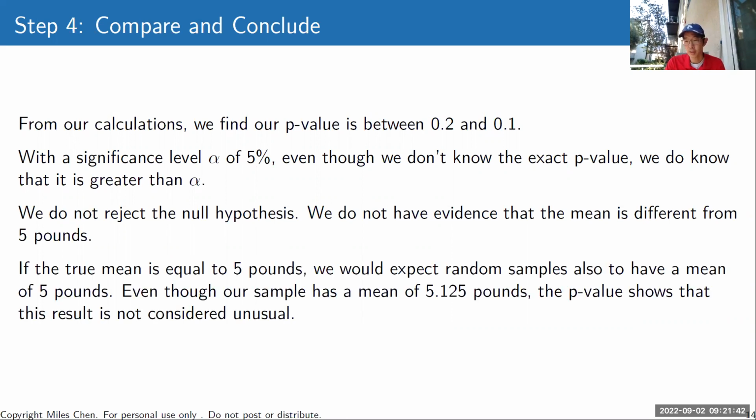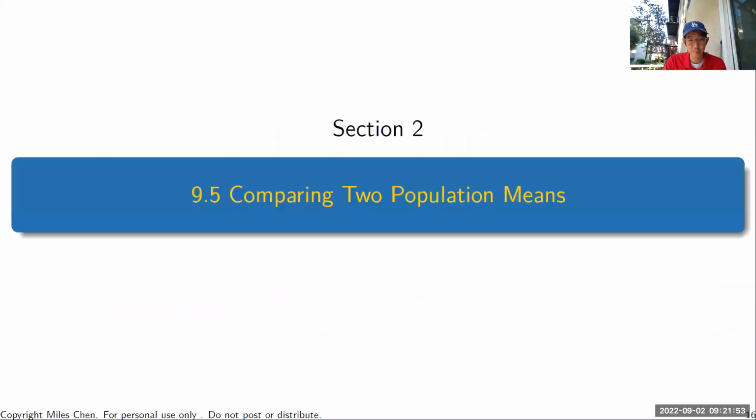Okay. All right. So if you watched Wednesday's lecture, a lot of this is kind of review from Wednesday's lecture. And so let me introduce the new topic for today. The new topic is that now we want to be able to compare the means of 2 populations.